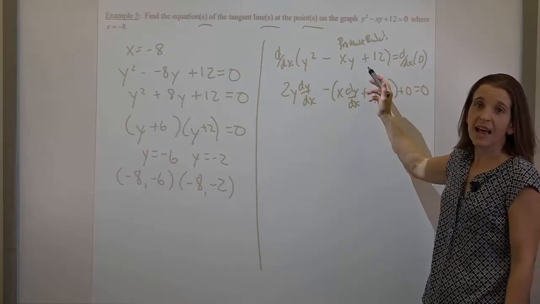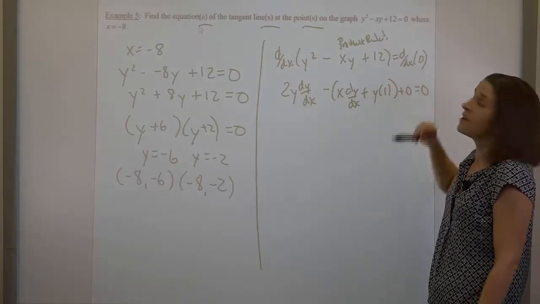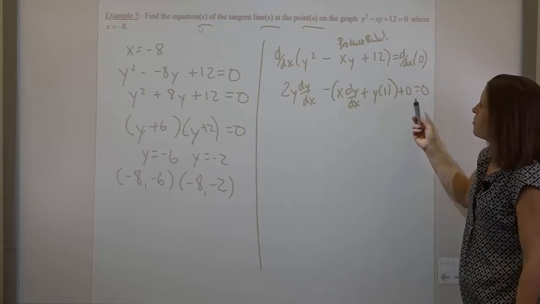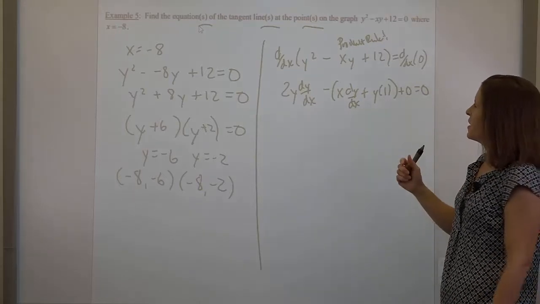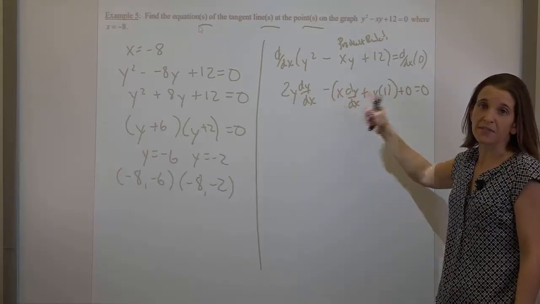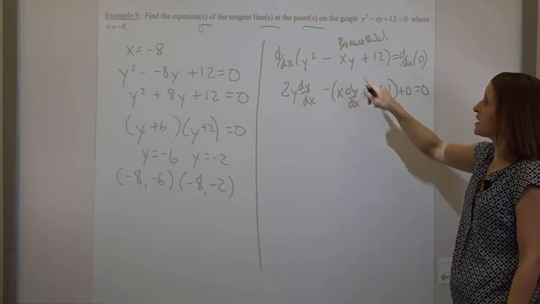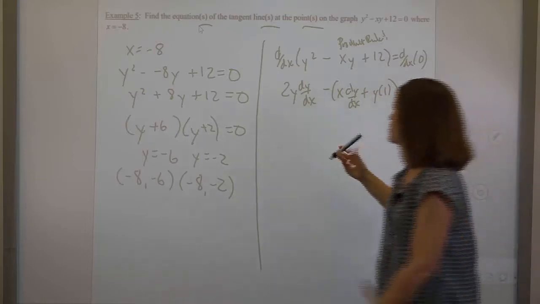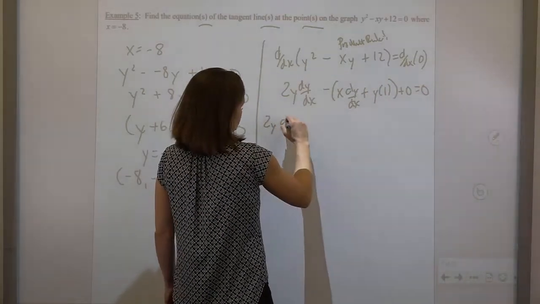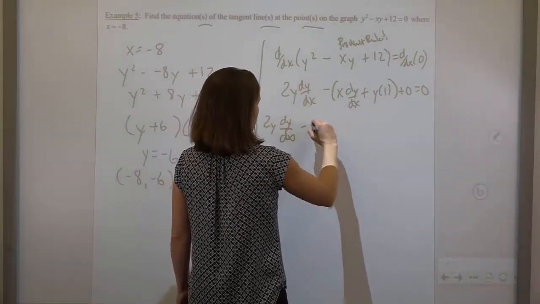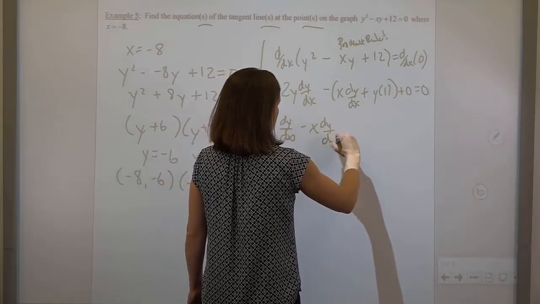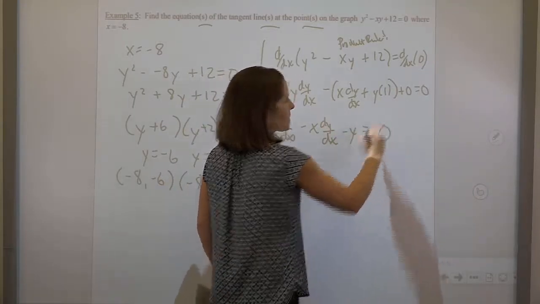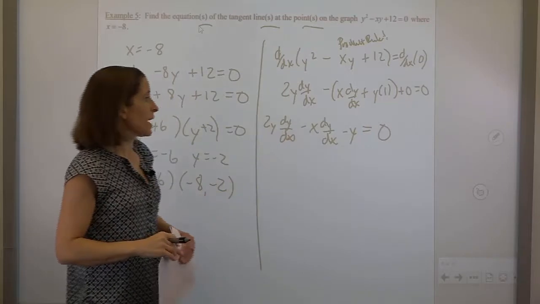Now as I finish this out, the derivative of 12 is 0, and the derivative of 0 is 0. So remember that you have two sides, that you have an equation there, and now I'll go back and fix that negative, but I had to be careful because I get two terms out of that, and a negative in front affects both of them. So when I distribute, I now have a minus y.